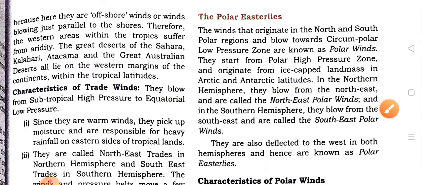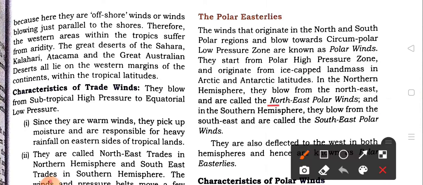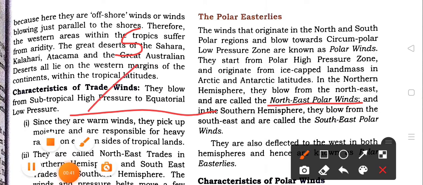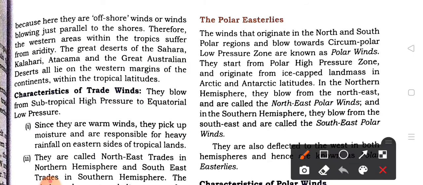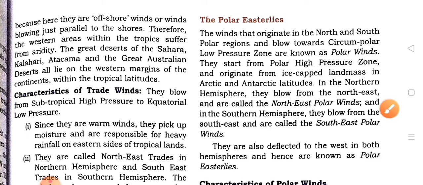For that reason it is called the northeast polar wind. And in the southern hemisphere, it flows from the southeastern side, that means southeast. They are also deflected to the west in both hemispheres, and hence this wind is known as the polar easterlies.